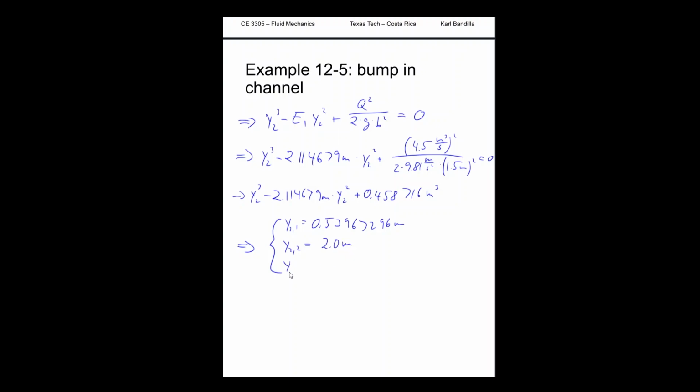And then y2 three is minus 0.424999406 meters. Of course, the last one drops out. It's negative. Can't do anything with it. And now we have two solutions, right, that are both physically possible, right? The 2 meter one or the 0.54 meter one.